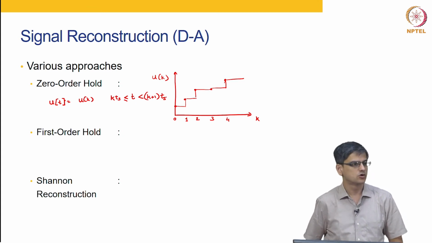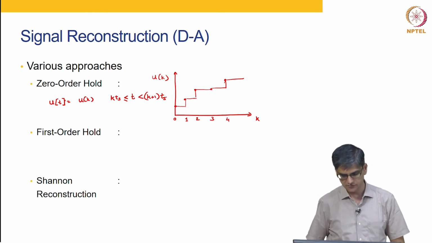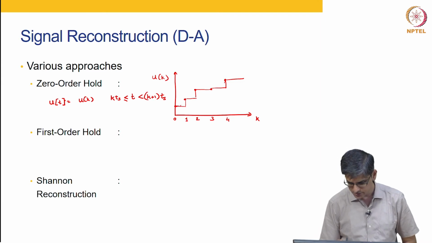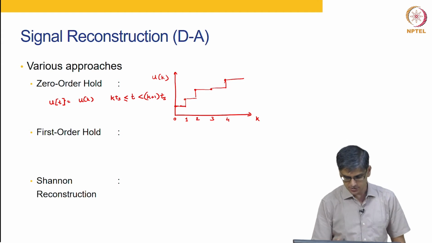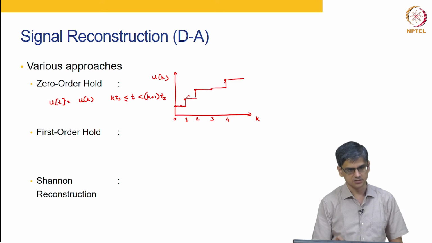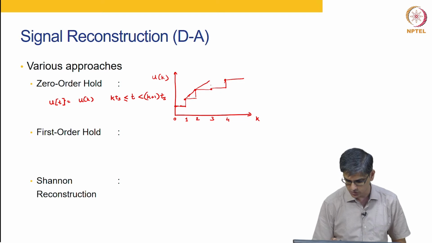What first order hold basically means is that instead of using a zero order function, you are using a first order function. So, how will this look? The first one will look the same. Now, the second one is in this direction, so we will start going in that particular direction. The third one is again in that direction, so we will go in that direction.